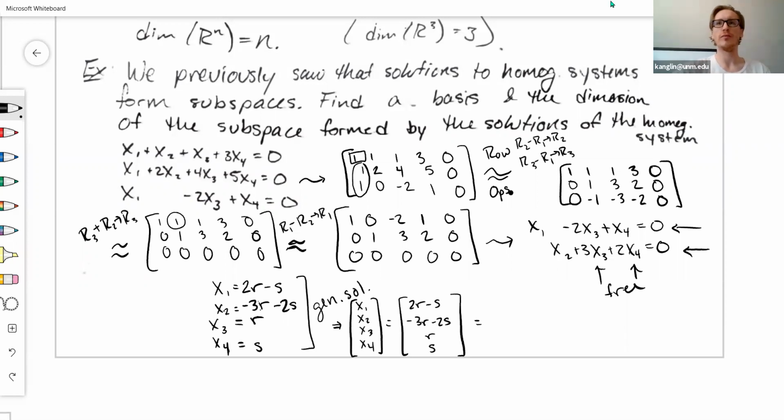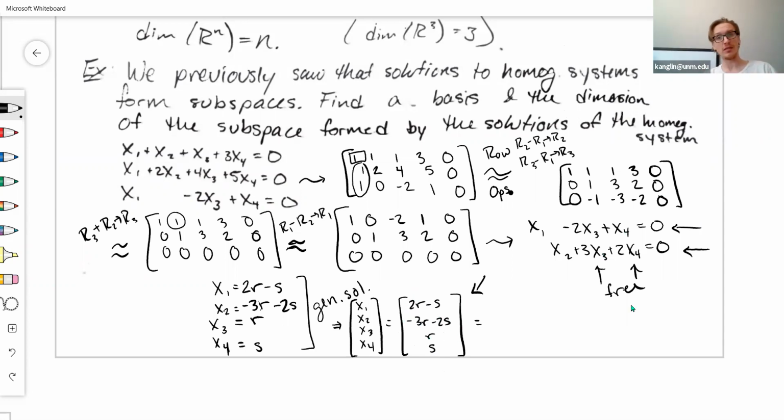Okay, let's see what we can do from there. Remember, we are trying to find a basis of the set of all vectors of this form: 2r minus s, negative 3r minus 2s, r and s. So how do we do this? The idea is, in order to get a basis, we want to find a set of vectors such that every vector in the solution set can be written as a linear combination of these vectors.